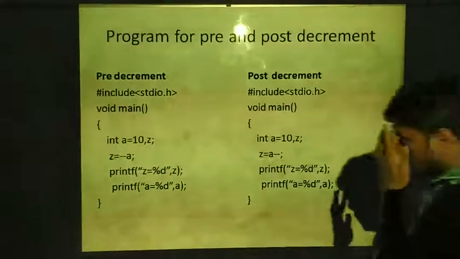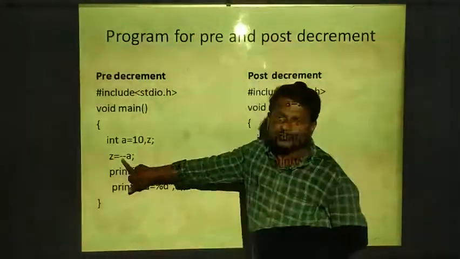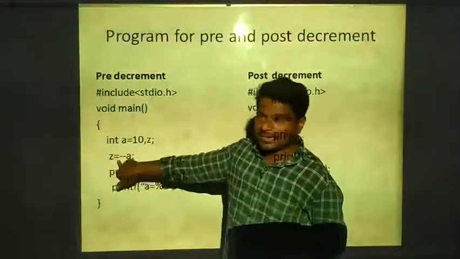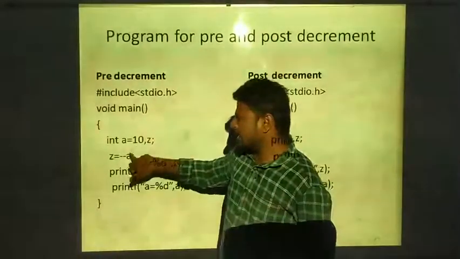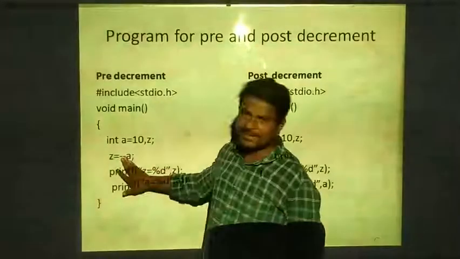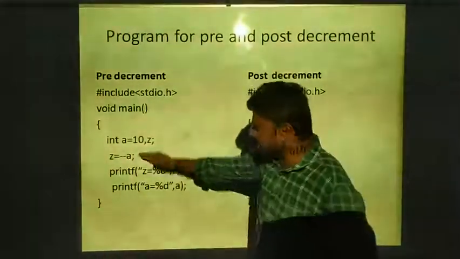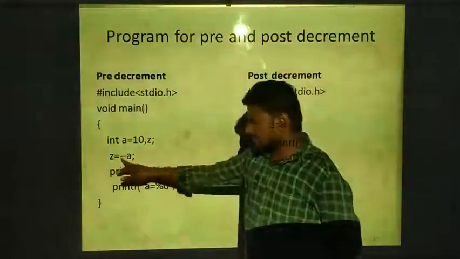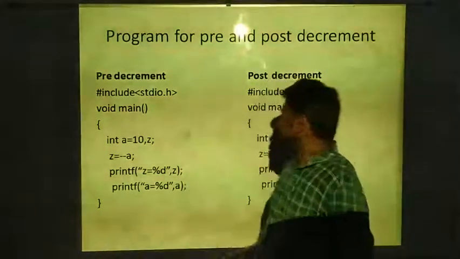The same with post and pre decrement. Here the value is 10 initially. First it is a decrement operation, so first it is decreasing. 10 will be 9 here. So first the z value is 9. After that we are printing the value of A. So if z is equal to A is equal to 9, the A value will also be 9.